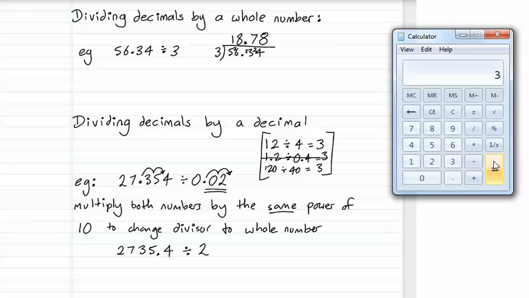So I've multiplied both sides of my division by 100, I've got a whole number to divide by, and now I divide as I normally would.